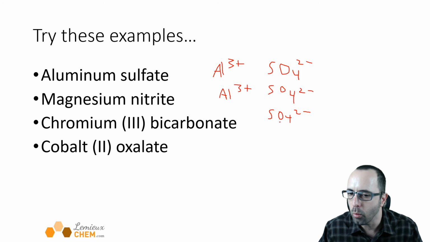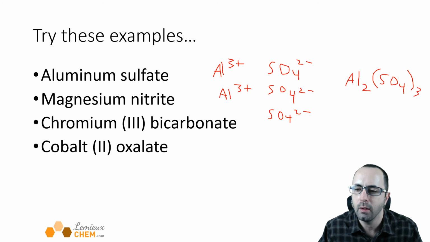And so this is our work here. This should not appear anywhere in your answer line. It's your work. Our final answer is that we've got 2 aluminums and we've got 3 sulfates. So we do in parentheses SO4, and then we put a 3 on the outside. And that is our answer.